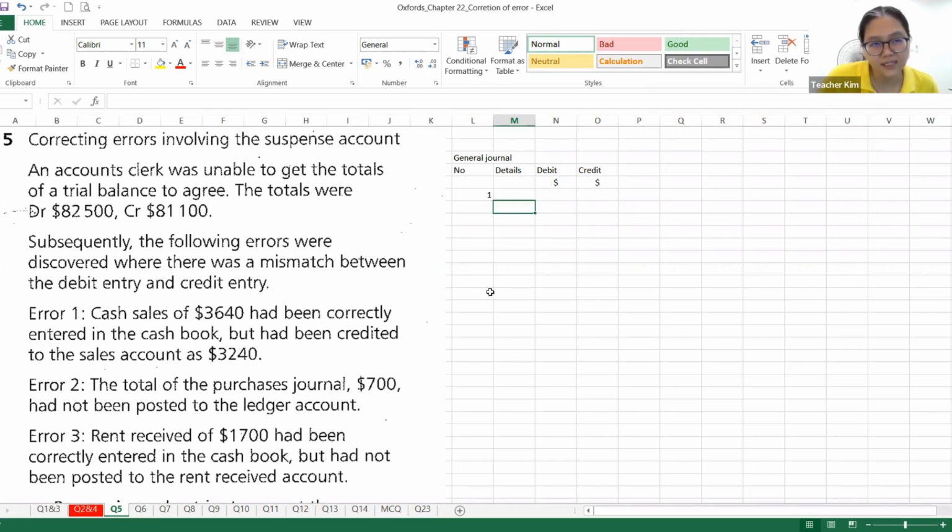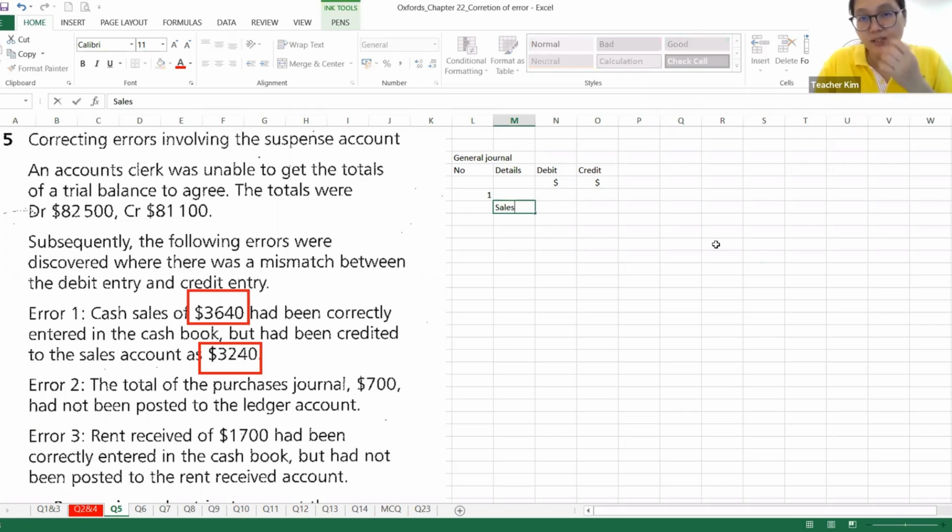That means the sales account is understated, because the correct amount of sales should be 3,640 but was recorded as this one. Understated means the sales account should be credited. So sales should be credited by how much? Take the difference, 3,640 minus 3,240.